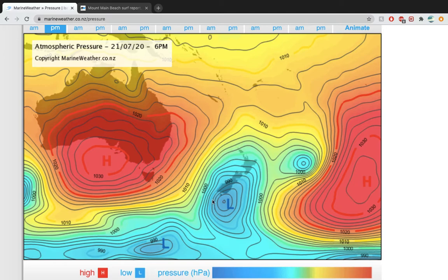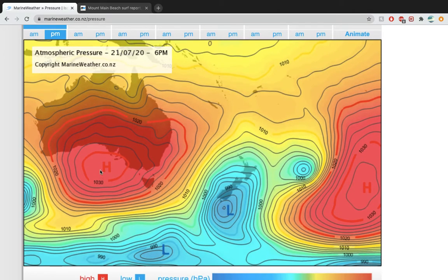One important aspect to note about the properties of the high pressure and the low pressure systems. The high pressure has cool, dry air because the air being forced down comes from the upper atmosphere. That air has lost a lot of moisture.